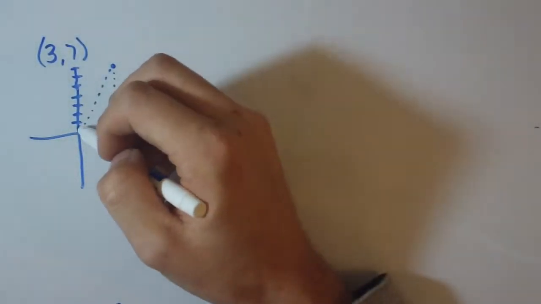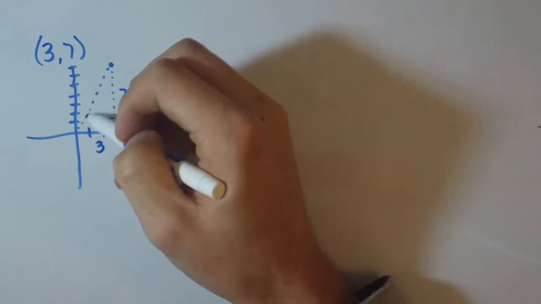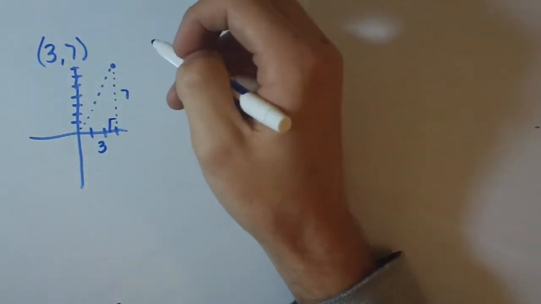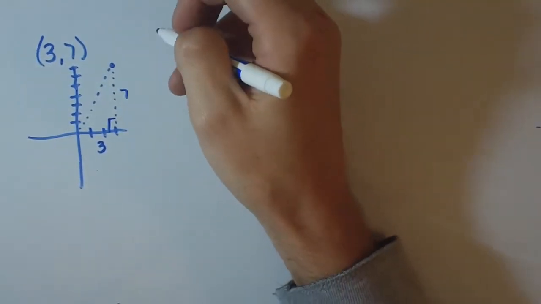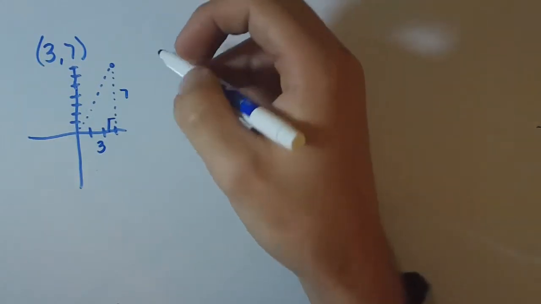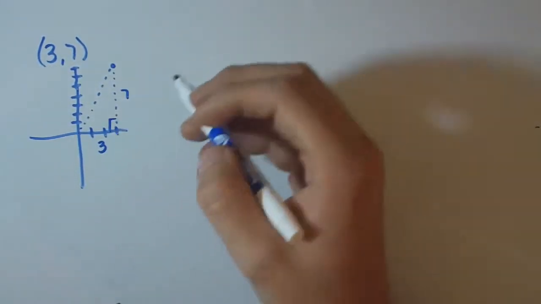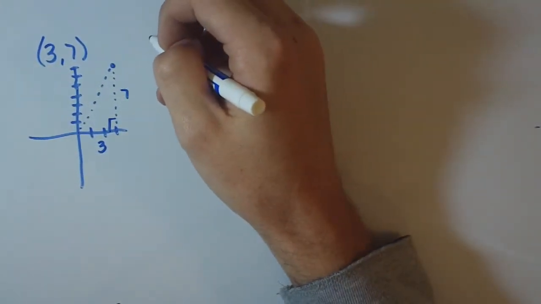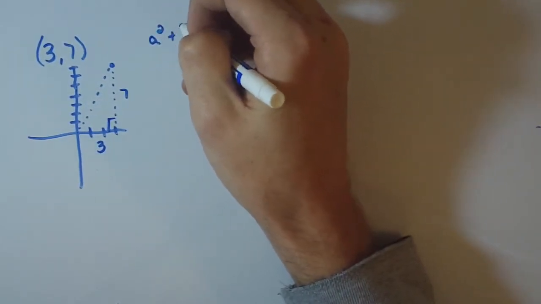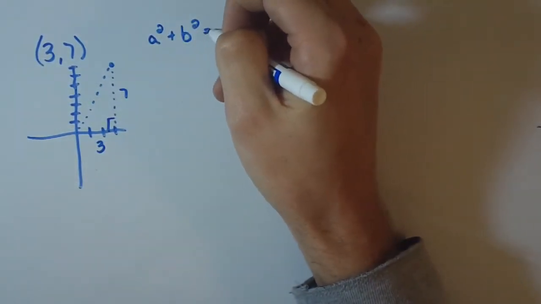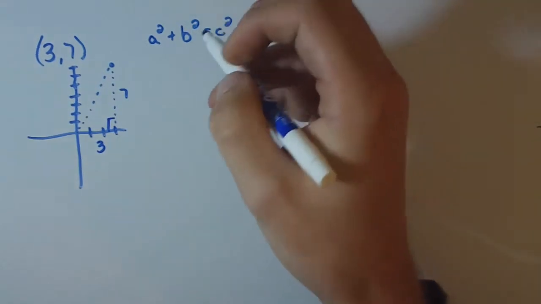Now we need to find this length here. We can do that by using the Pythagorean theorem because it's a right triangle.